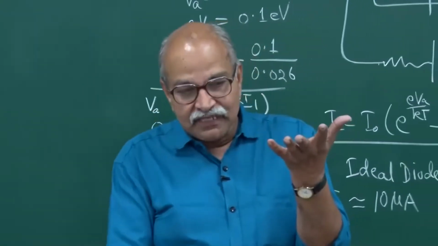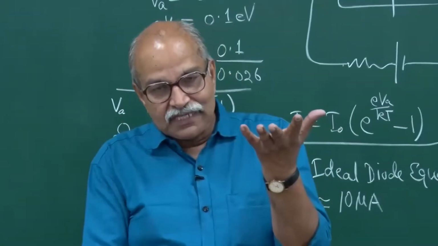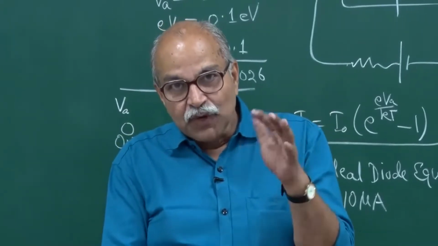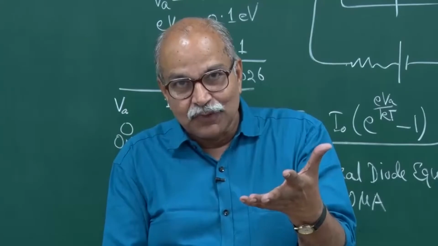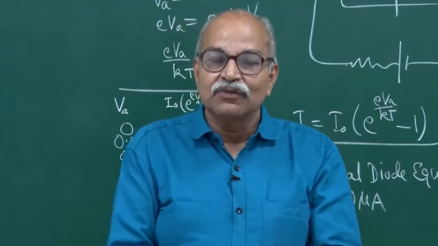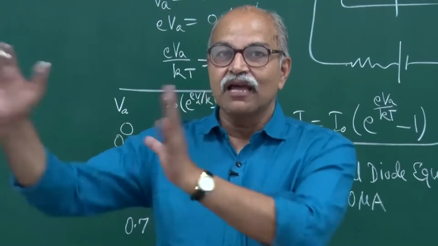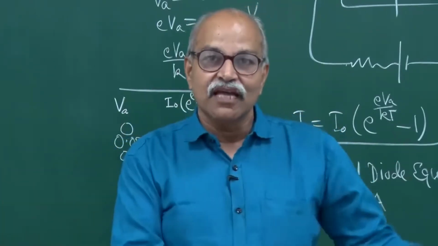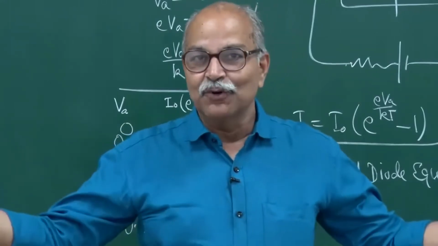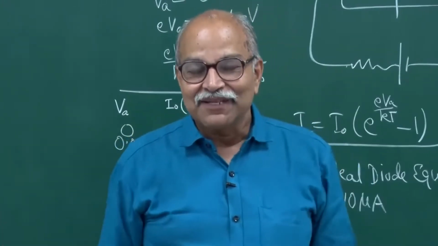If 0.7 electron volt is that energy barrier, and if you apply 0.7 volts, what you are doing? You are reducing that barrier to zero. There is no barrier. Then the entire majority carriers this side, entire majority carriers this side, can just flow without any barrier.